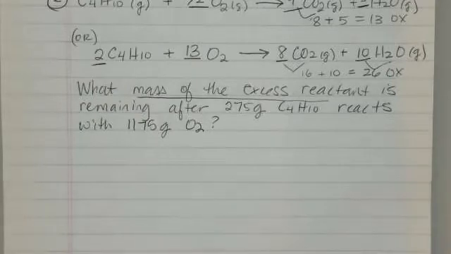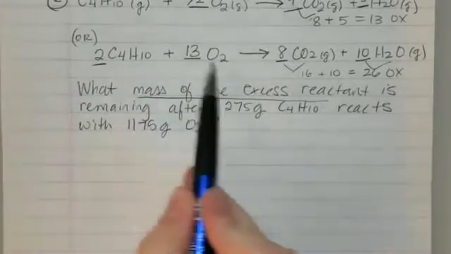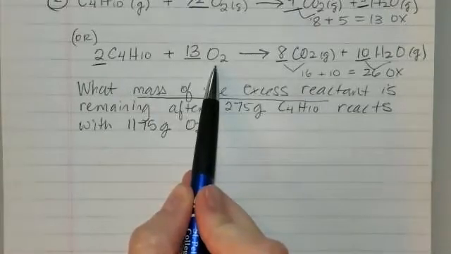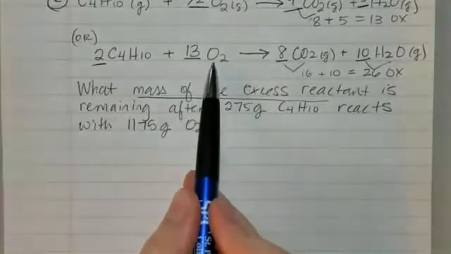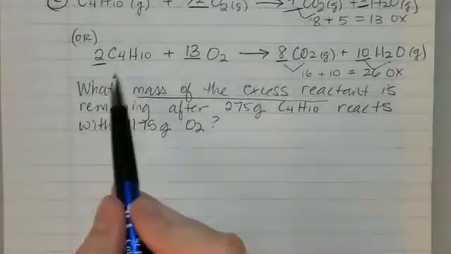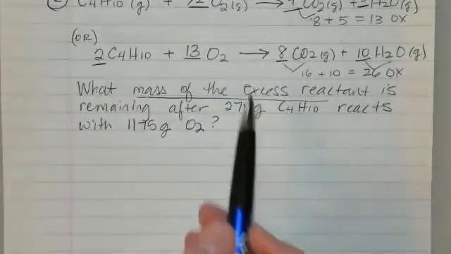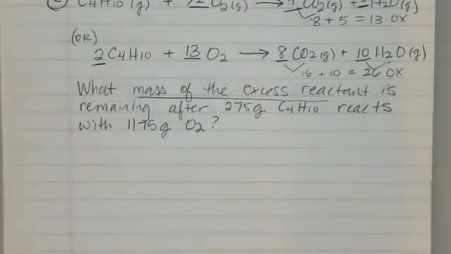So if I take my butane and figure out how much O2 I need, and that number is bigger than 1175, then that's going to tell me that O2 was limiting, and I'll have to do the other calculation. Okay, if O2 is limiting, then how much butane would I react? Because I think that's probably more confusing, even though that's the way I always did it, I'm going to show you what I think is the way that will always work.